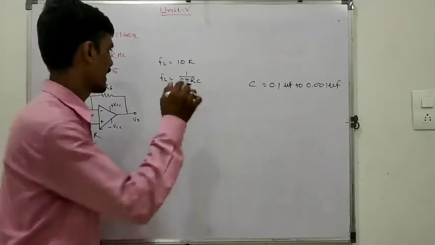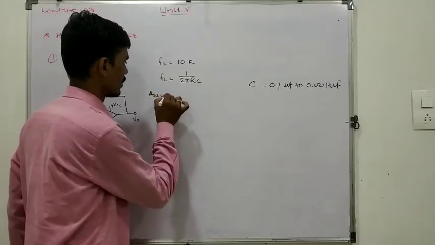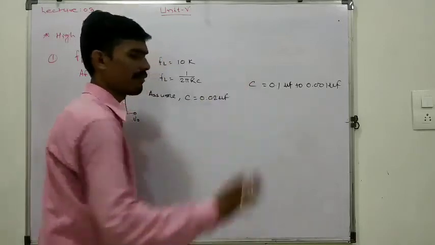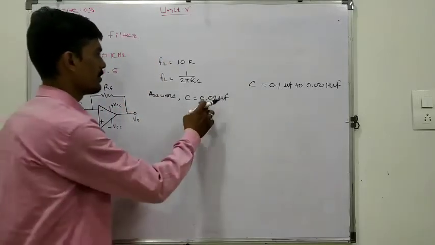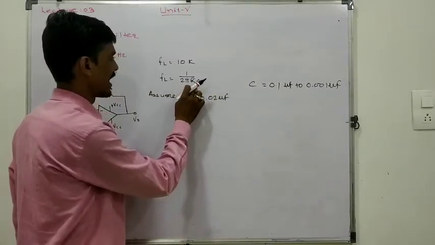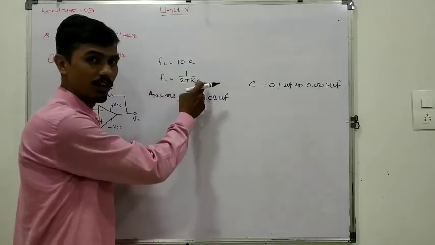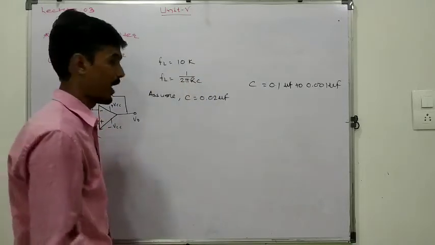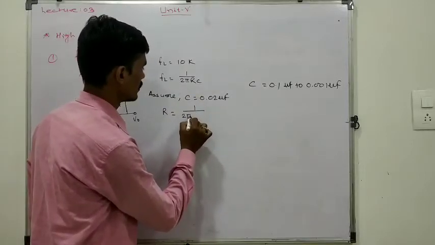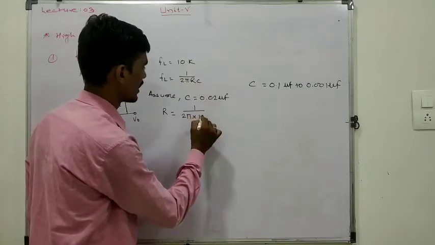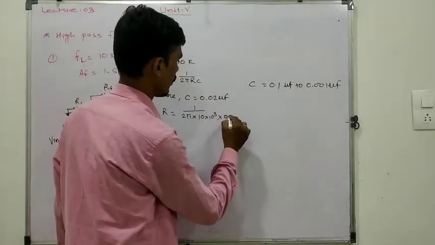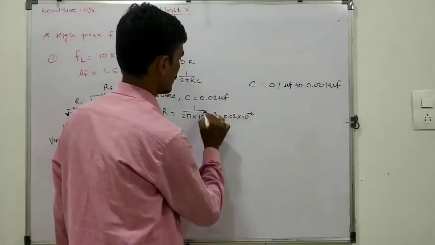So let us assume C is equal to 0.02 microfarad. When we assume this value of capacitor, there is only one unknown, that is R, because we know the values of FL, C and pi. So R is equal to 1 upon 2 pi into FL, that is 10 into 10 raised to the power 3, multiplied by the capacitor, 0.02 into 10 raised to the power minus 6.